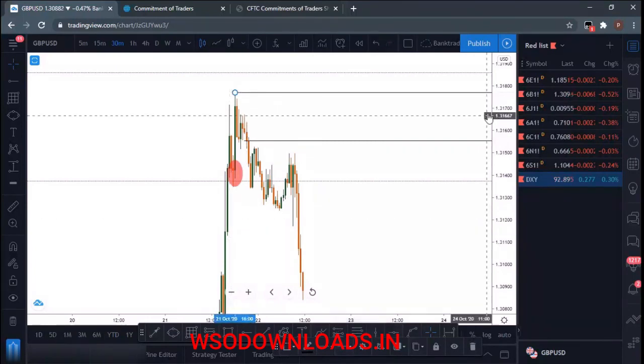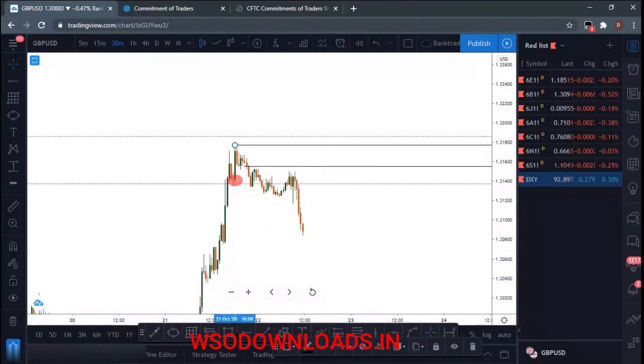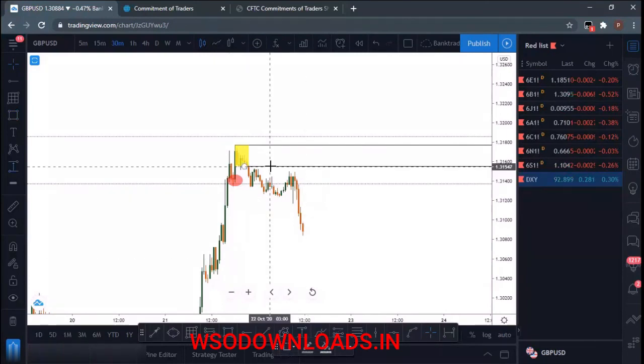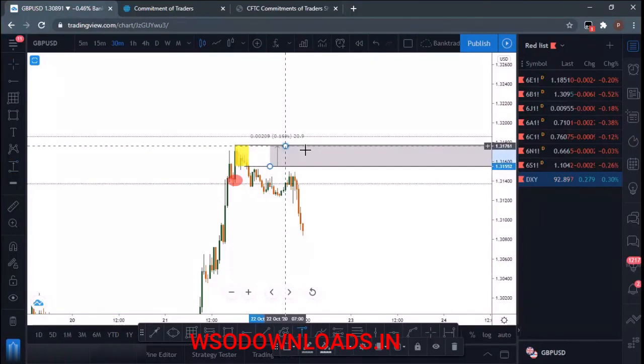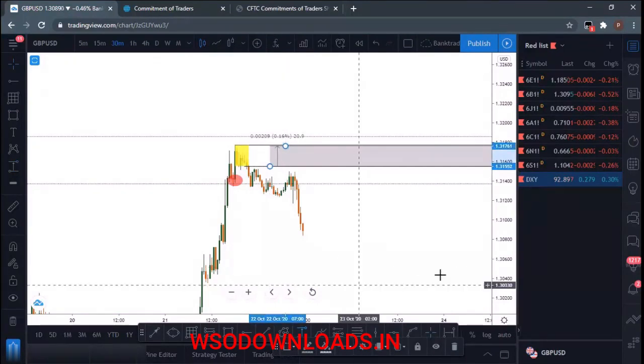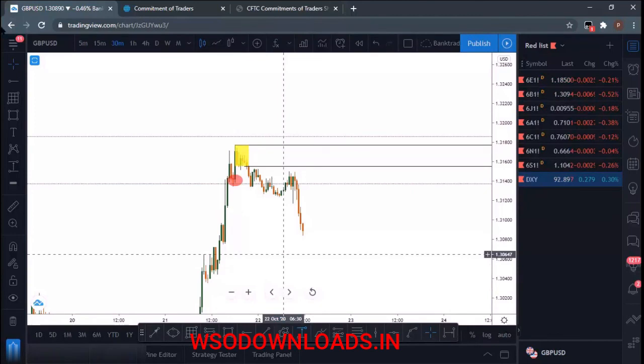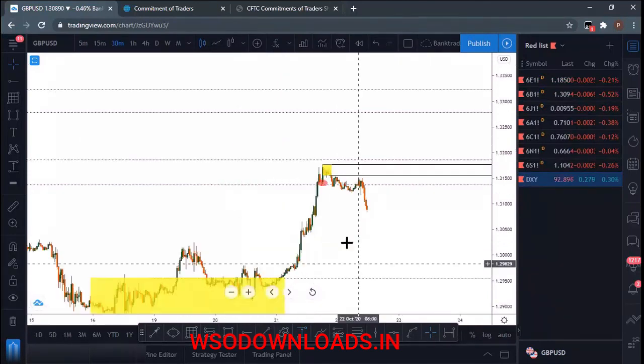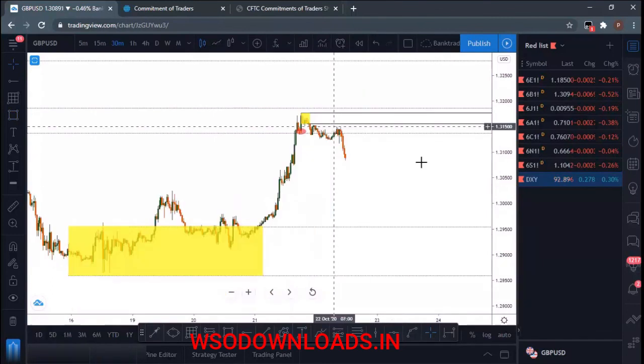If I'm looking at this on the 30 minutes, when I check how many pips it is, just to confirm, price already tried to counter that area, but didn't really do you justice, didn't even give you the entry. But yes, it qualifies, 20.9 pips, qualifies. But price didn't come back to that area. But that is the area that you could have looked at to get into the trade.